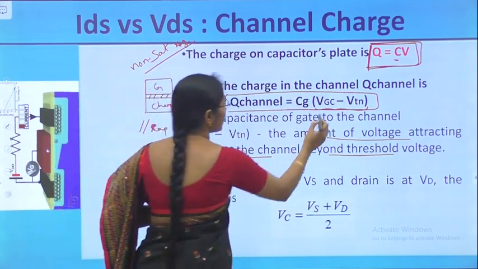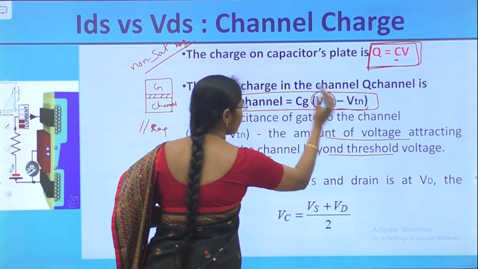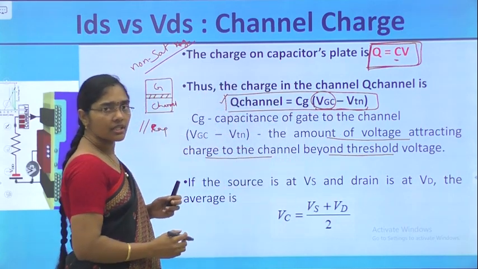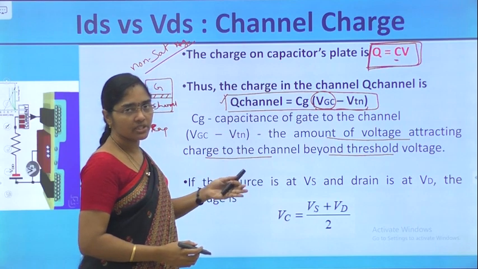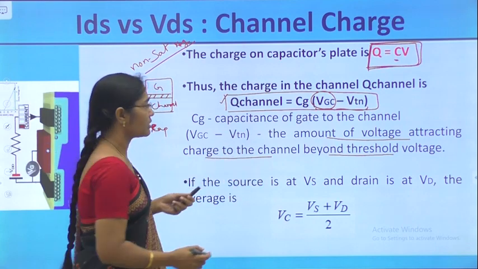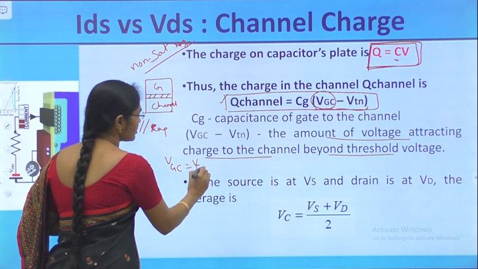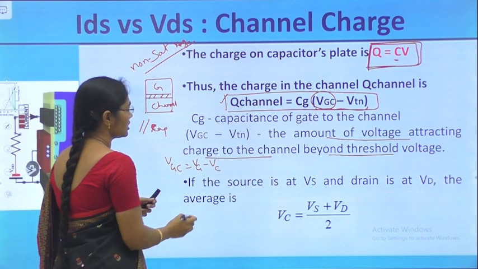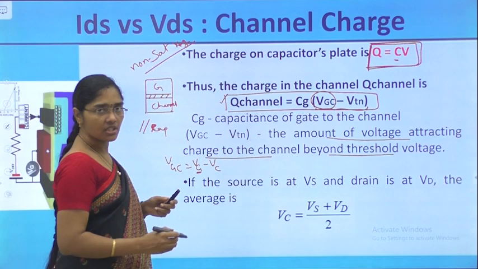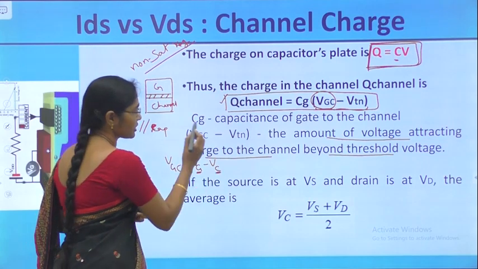To calculate this VGC value, the gate to channel potential, how can we write VGC? VGC is equal to VG minus VC, where VG is the gate potential and VC is the channel potential.